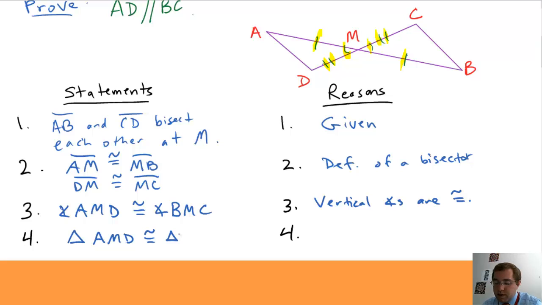What angle corresponds with A? Looks like B. What angle corresponds with M? It's M. What angle corresponds with D? It's C. So triangle AMD is congruent to triangle BMC. Why? Side, angle, side. Very good. The side, angle, side postulate.